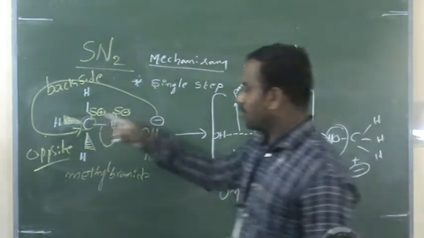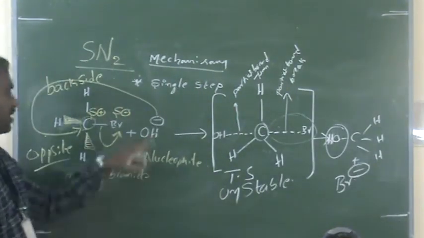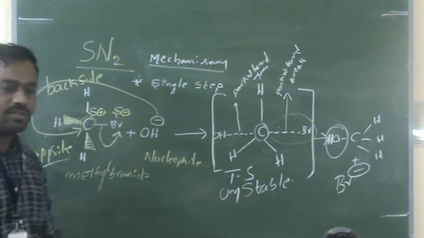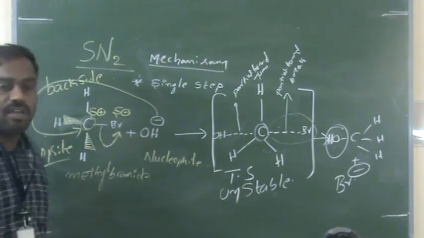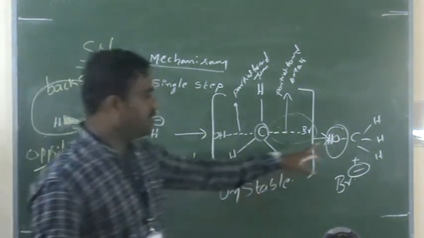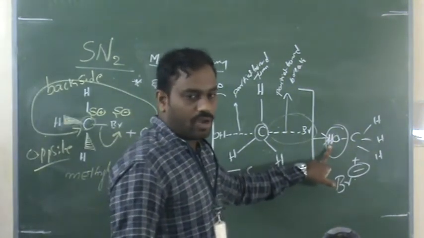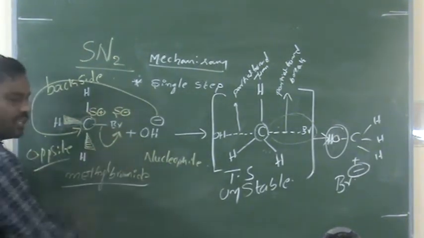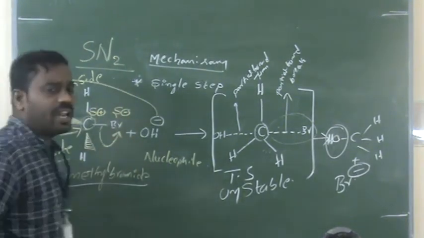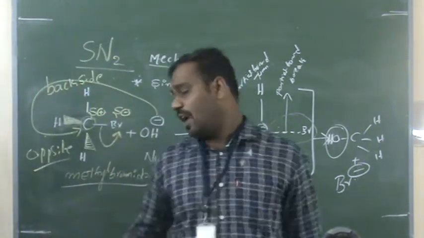Why? Because the OH minus attacked towards the backside of that Br. That's why the OH minus comes to this side. So here some configuration is there. What is the meaning of configuration? It is nothing but the arrangement of atoms around this carbon.